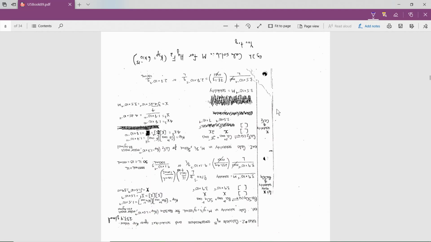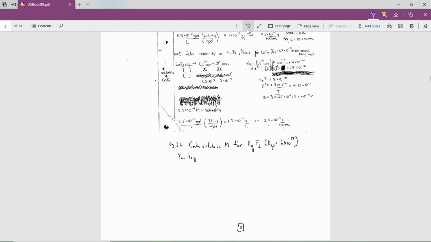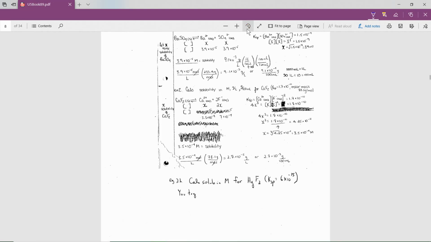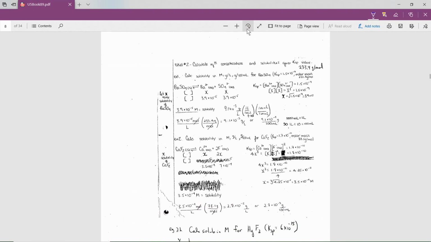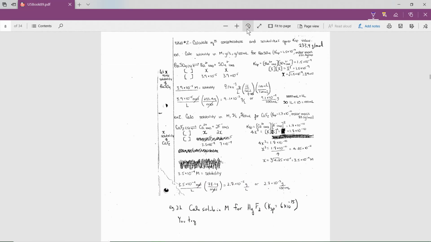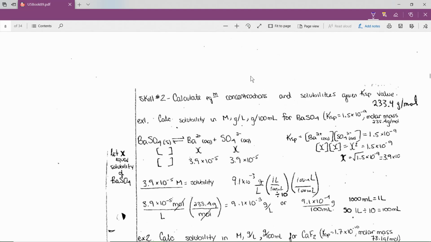Now, on to page 8, where we're going to try some skill number 2. And you can probably guess what skill number 2 is. It's the exact reverse of skill number 1. And there we go.